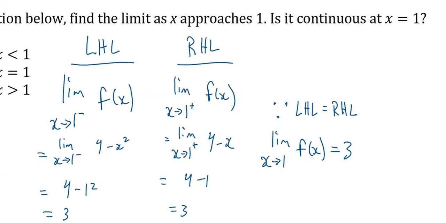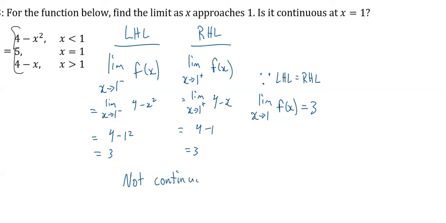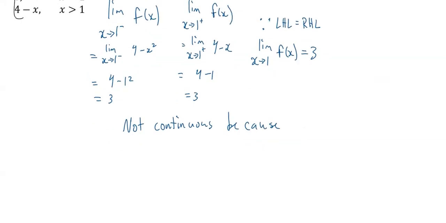Second question, is it continuous? Henry? No, because it indeed does have a pop-out. Okay? It is not continuous because, and we're not just going to say pop-out. Like you could write that in your notes as a good note to yourself.